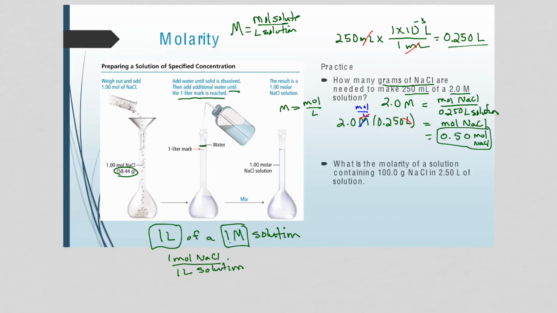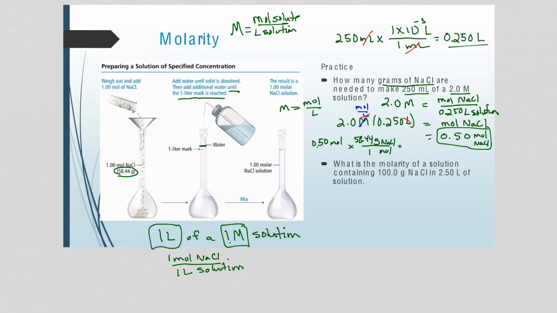Now, ultimately, this is not what we wanted, right? The problem called for grams. So once we have moles here, then it's just a matter of converting them into grams. So we need grams of sodium chloride per mole, and so molar mass, 58.44 grams of sodium chloride per mole.